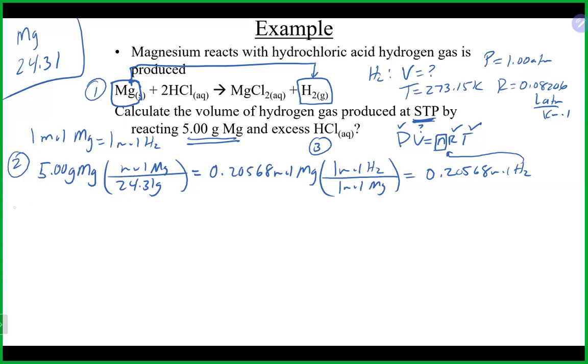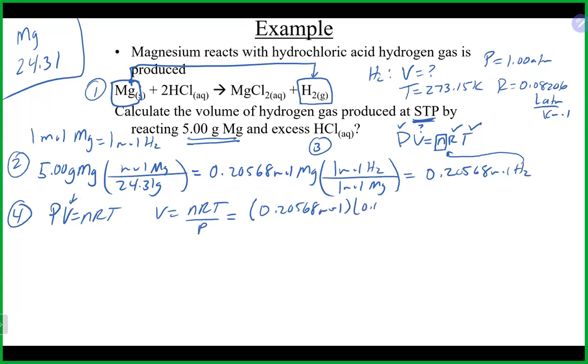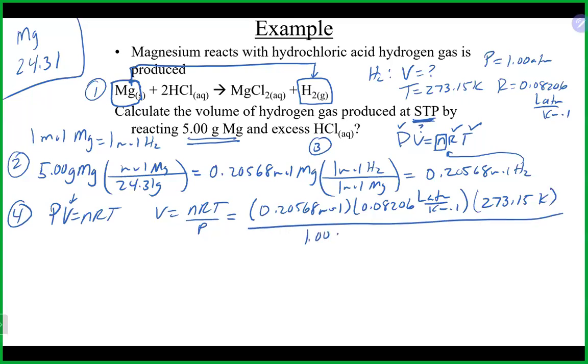So now that we have that, we can use it. PV equals nRT. Again, in this case, we're going to solve for volume. So volume would be nRT divided by P. In this case, everybody's in the right unit, so we don't have to worry too much about that. So 0.20568 moles times 0.08206 liter atmosphere per Kelvin mole, our temperature at STP 273.15 Kelvin, and our pressure 1 atmosphere here.